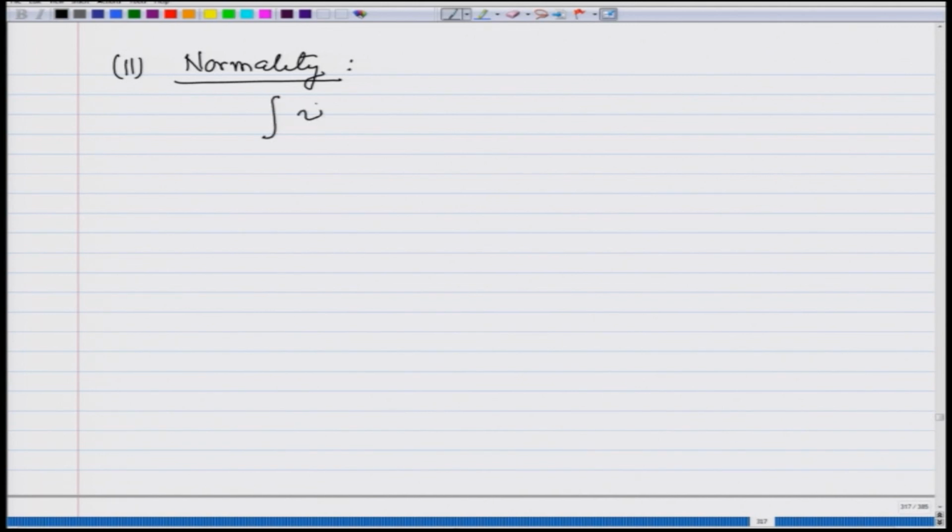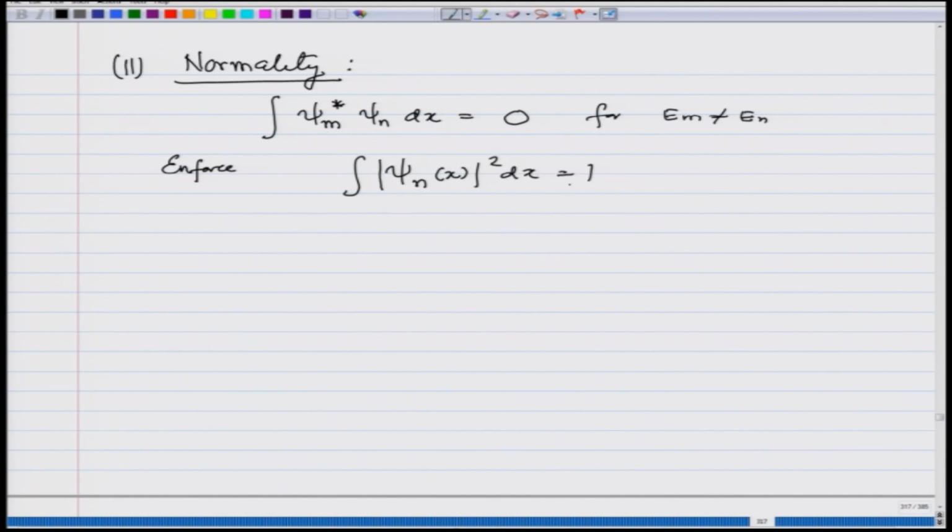We have already seen that the integral of ψm* ψn dx is 0 for Em not equal to En, and we are going to enforce that the integral for the same index of mod square dx be equal to 1.